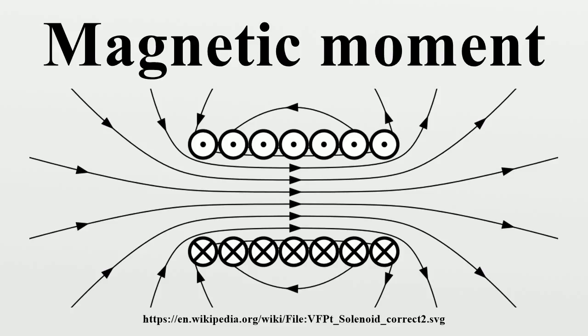Most common nuclei exist in their ground state, although nuclei of some isotopes have long-lived excited states. Each energy state of a nucleus of a given isotope is characterized by a well-defined magnetic dipole moment, the magnitude of which is a fixed number, often measured experimentally to a great precision.